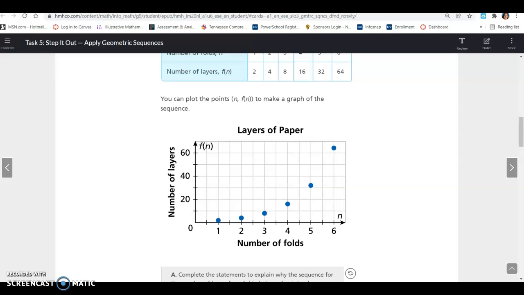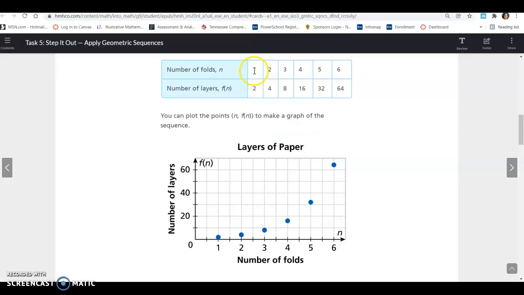Again, remember that's just another way to write x and f of x, or x and y, to make a graph of this sequence. So n is in the x position, so it's always along the horizontal axis. So here's n. So we're going to graph 0 to 6, and that's just straight out of number of folds.